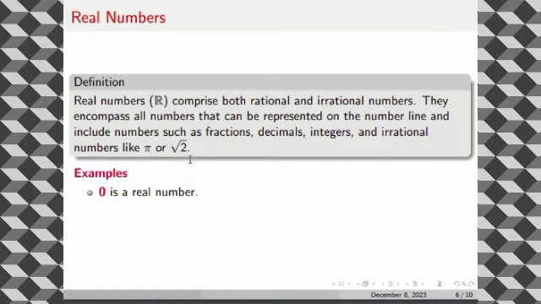Real numbers comprise both rational and irrational numbers. They encompass all numbers that can be represented on the number line and include numbers such as fractions, decimals, integers, and irrational numbers like pi or radical 2. Examples are: 0 is a real number, 3 or 4 is a real number, and radical 2 is a real number.